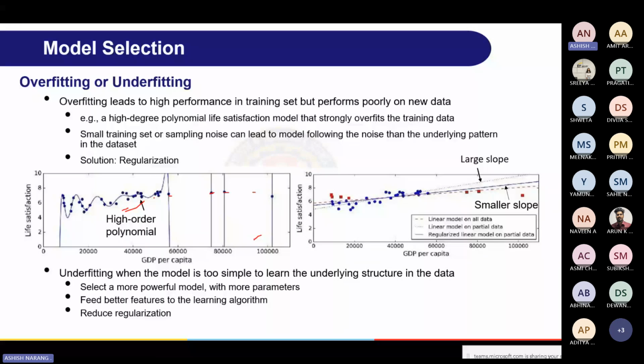When you look at this particular model, it's a more generalized one. And when I give it unseen data, it will give me better predictions than the overfit model. But there is another extreme of underfitting as well.